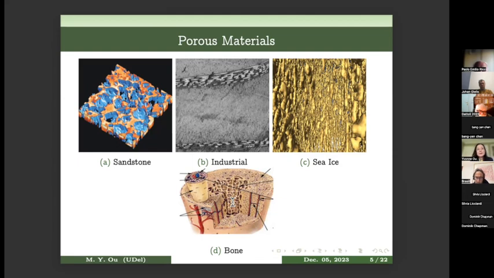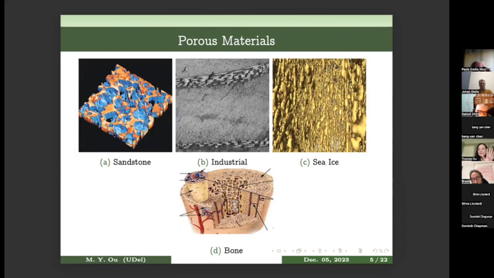So now, to see the time fractional derivative, just try to imagine something diffusing in this pore space. This pore space has some viscous material, and suppose some chemicals are diffusing in this very complicated pore space.